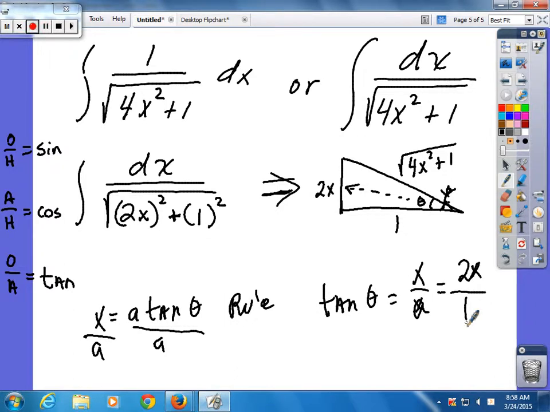So by your rule, you have 2x over 1. By Sokotoa, what is 2x? What is 1? The adjacent. And that's how you know, by the relationship between your x over a.